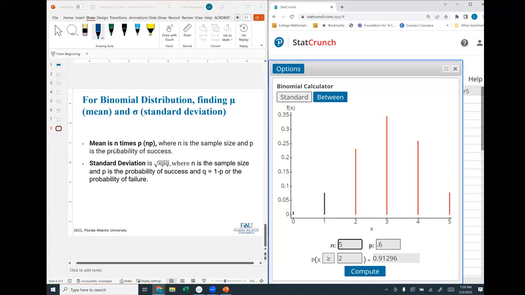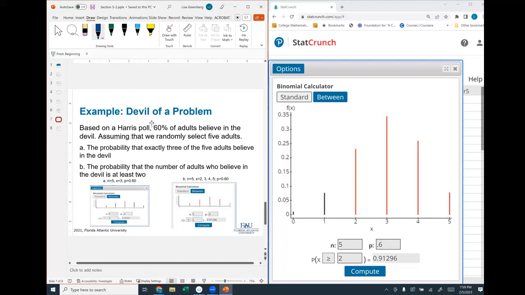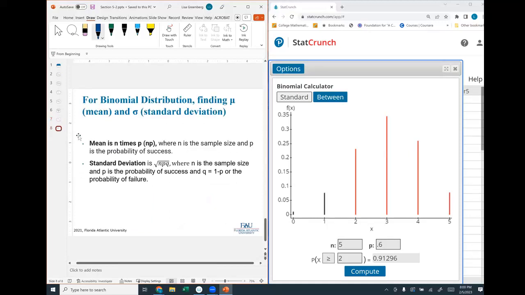Times p, the probability of success. So if I wanted to know the mean of this right here, of the 60% of adults who believe in the devil, we would say n times p. So 5 times 0.6 is 3. So that's the mean.